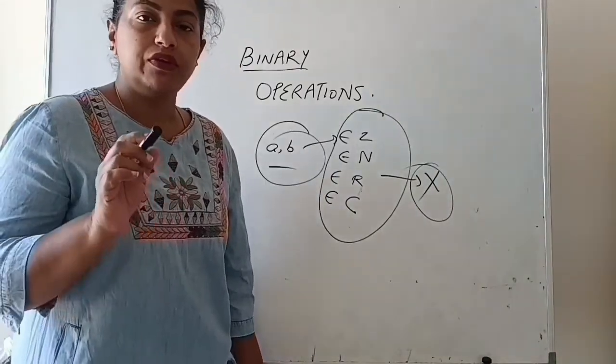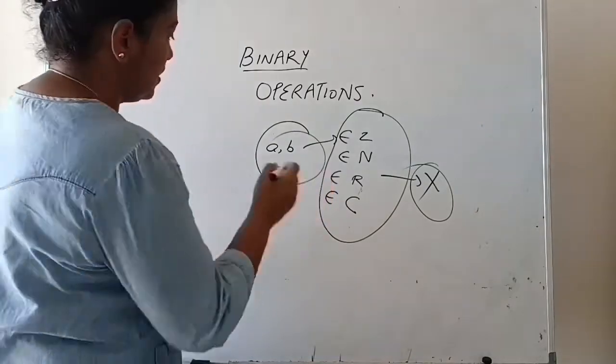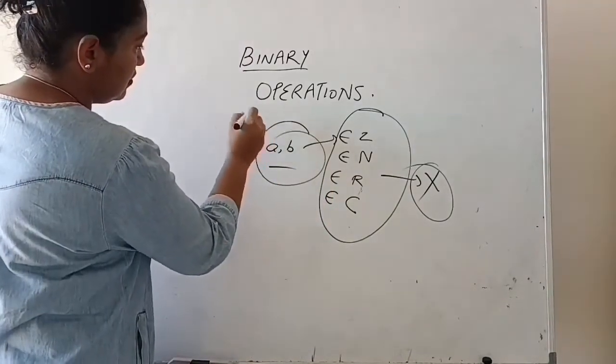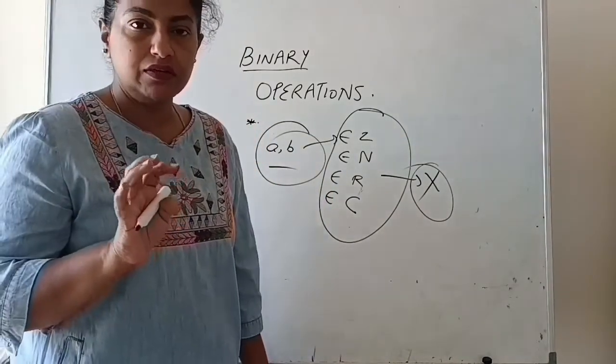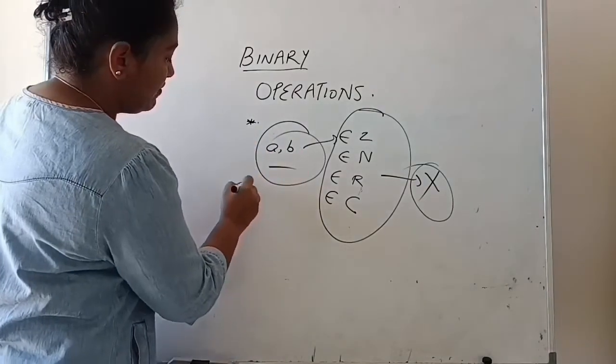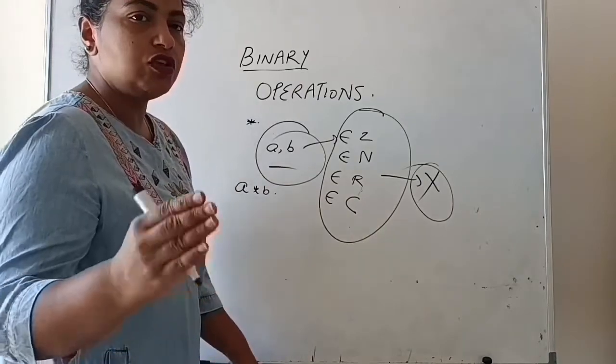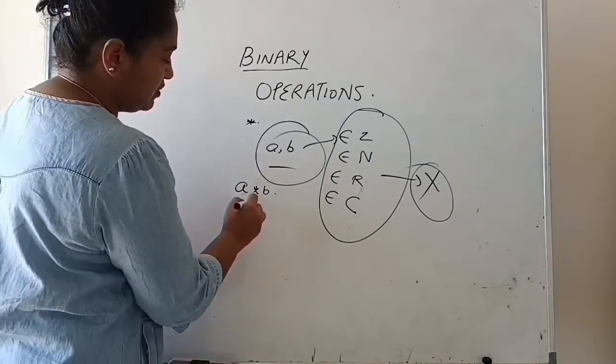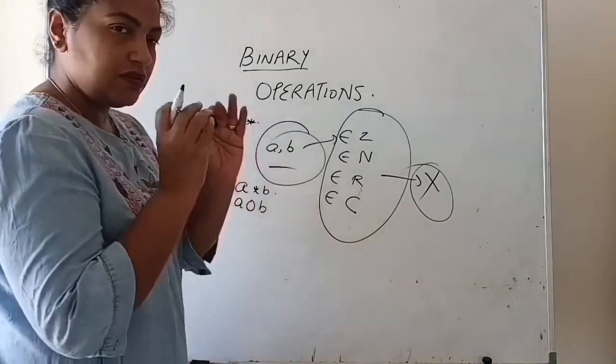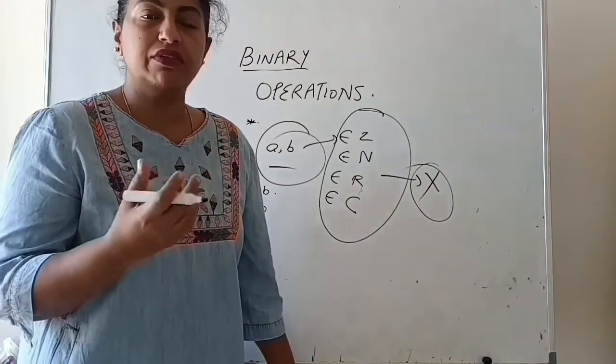Now, binary operation is normally represented by a kind of flower sign. When I say a binary b, this is how we represent it. I can also use other symbols. A few other symbols that are used are something like this, and a small circle.